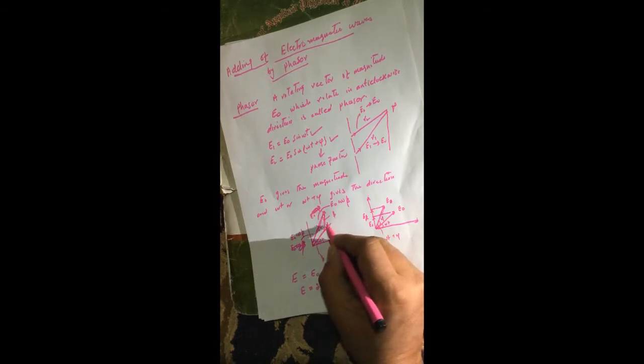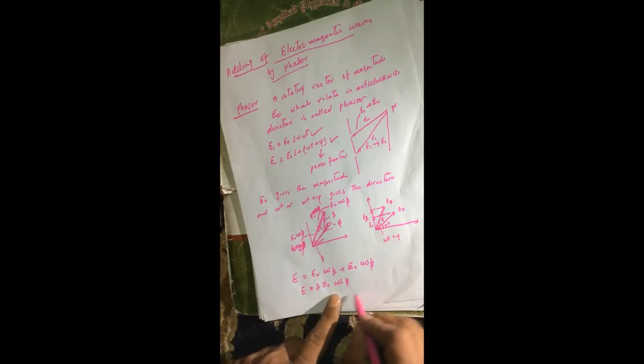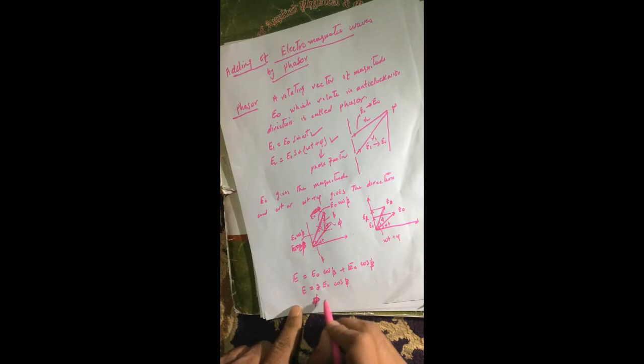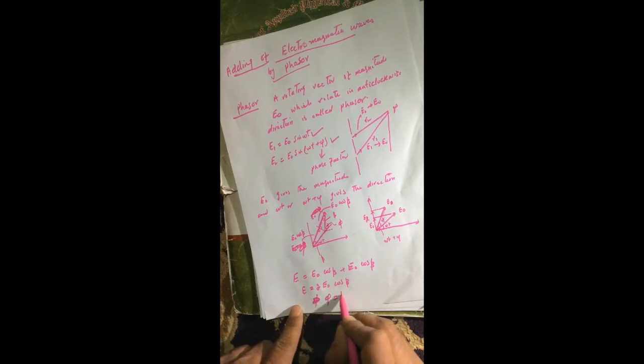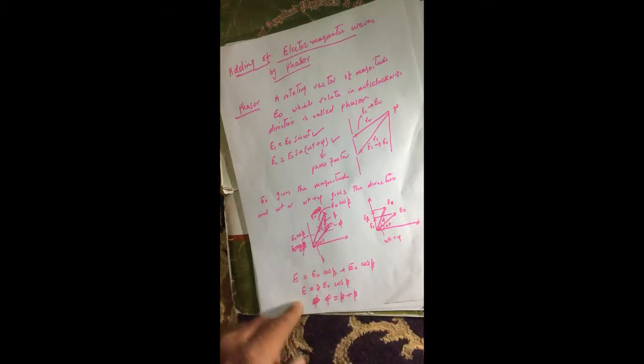Then we have a theorem that the exterior angle, this angle phi, is equal to the sum of the two opposite interior angles, beta plus beta.